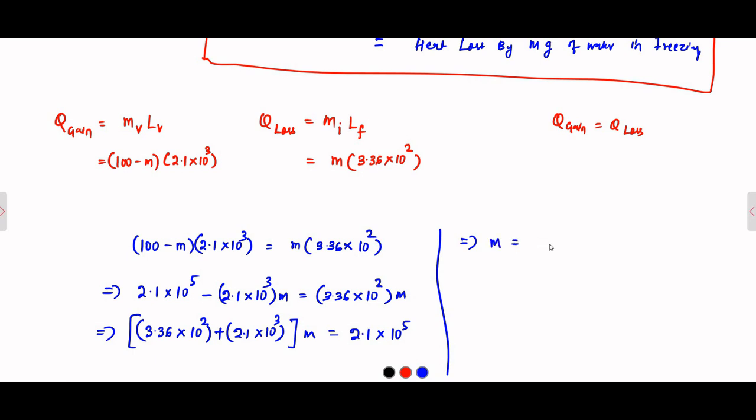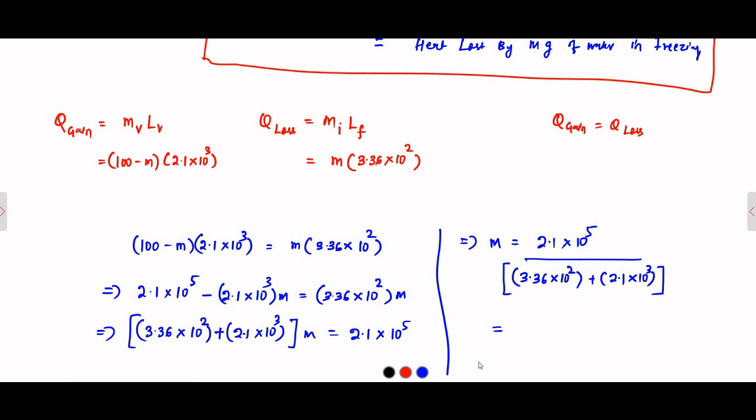That implies m is equal to 2.1 into 10 to the power 5 by 3.36 into 10 to the power 2 plus 2.1 into 10 to the power 3.